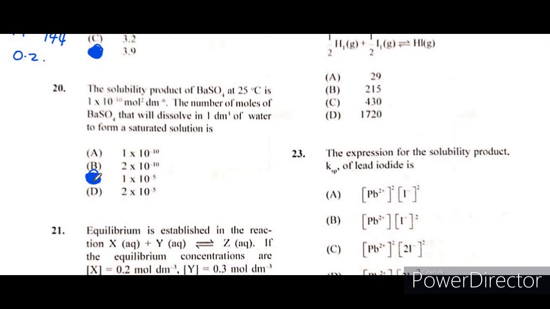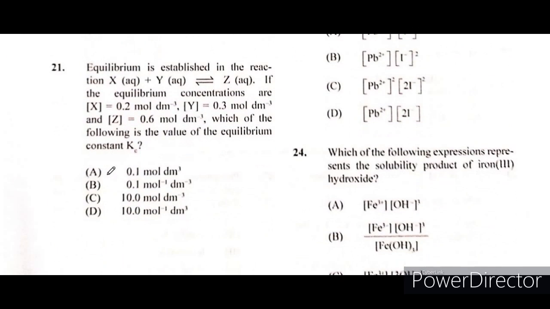Now 21 says equilibrium is established in the reaction X aqueous plus Y aqueous changes to Z aqueous.